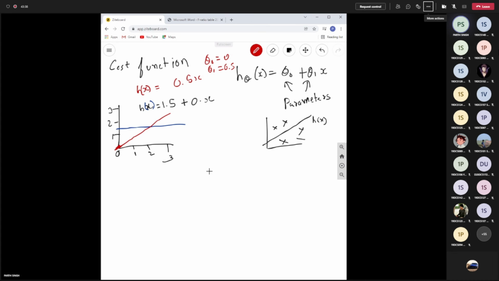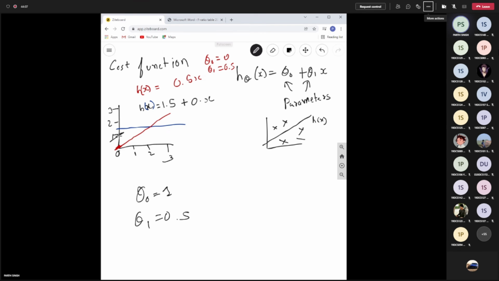Let's say if I draw one more line where theta 0 equals 1 and theta 1 equals 0.5. Theta 0 equals 1 means what? First of all, it will be intersecting at 1 on the y-axis, the y-intercept will be at 1, and with slope 0.5 it will be something like this.